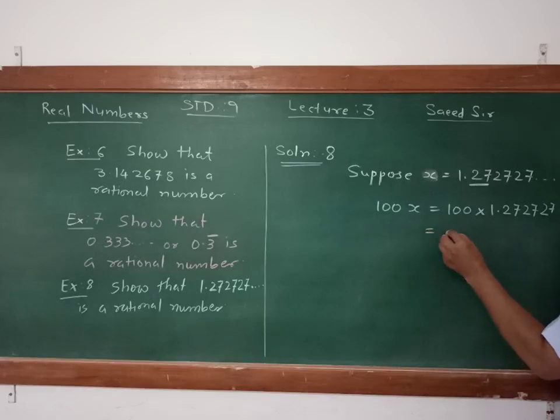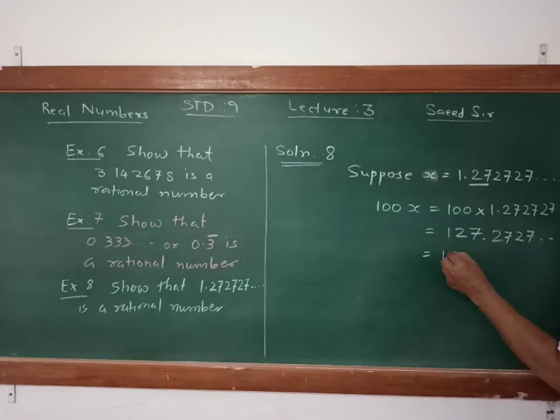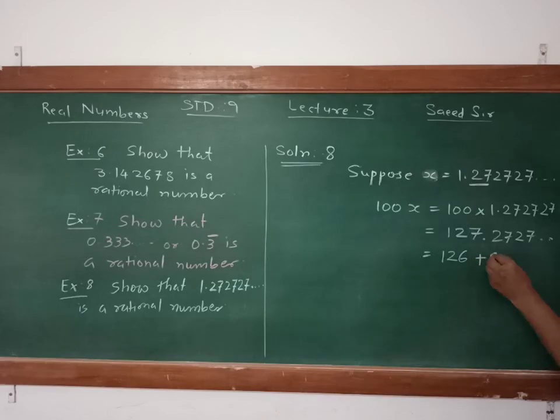So this is 127.272727.... Simplifying this, it is 126 plus 1.272727.... So 126 plus 1.27... is equal to 127.27.... Why have we simplified this?